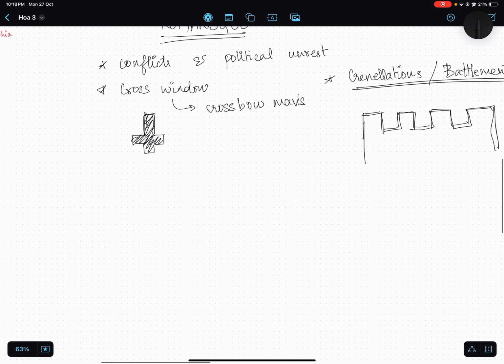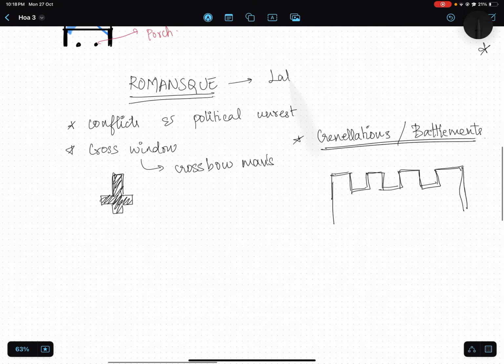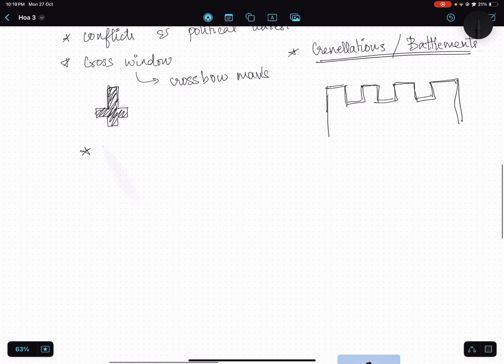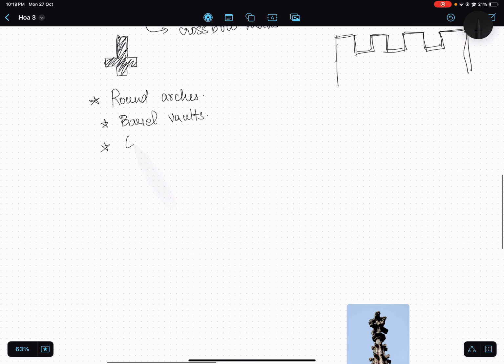Then Romanesque followed a Latin cross in plans. So they followed this cross in the planning system. Then they used a lot of round arches, barrel vaults, and they had something called cruciform piers.